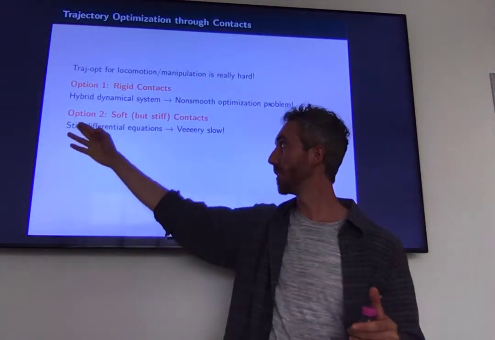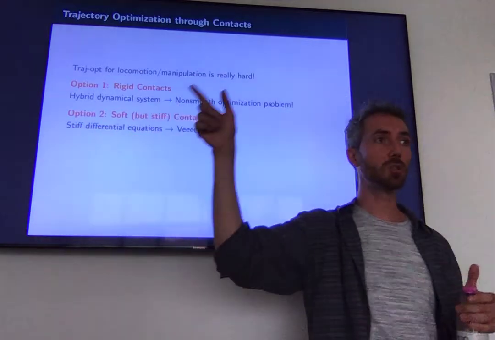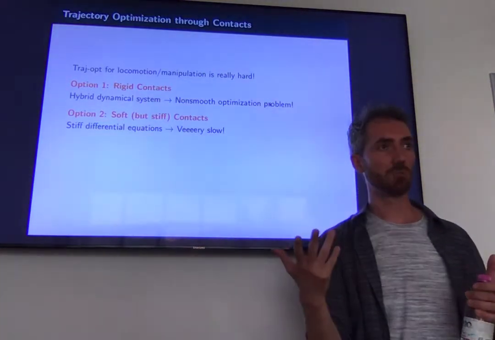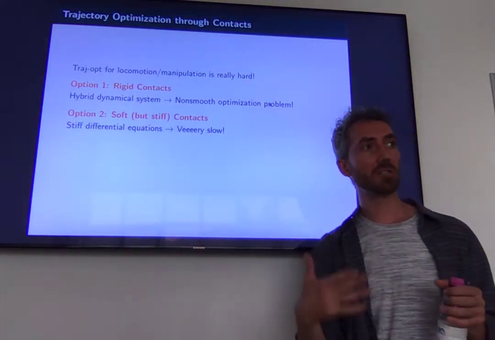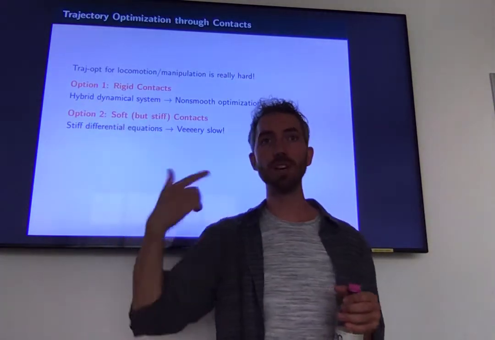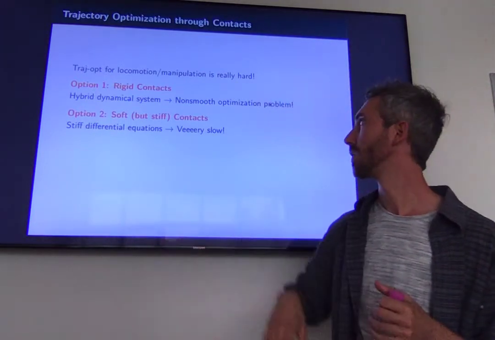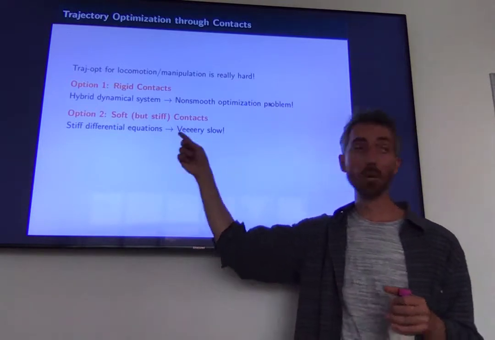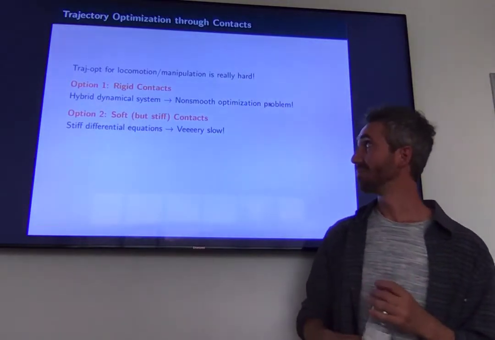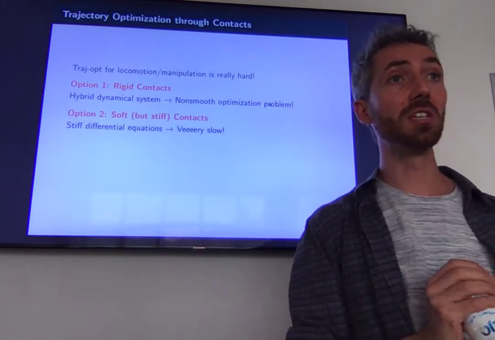Stiff, when related to differential equations, means that they are numerically ill-conditioned. Your numerical integrator is going to have lots of problems integrating it. It's going to be very, very slow, and so the optimal control problem is going to be very slow to solve. So in neither of these cases are you going to end up with something you can really use in practice.